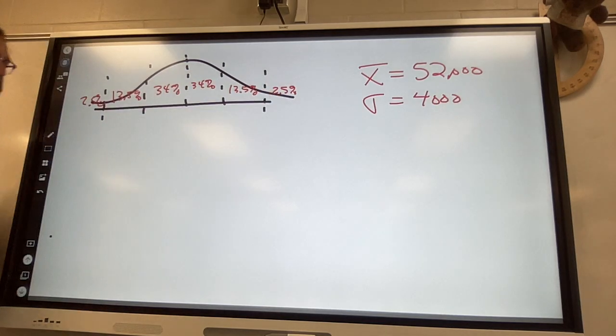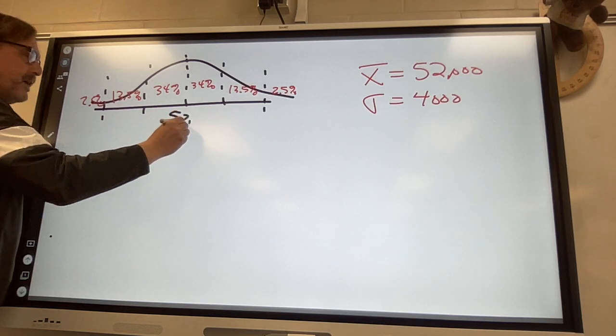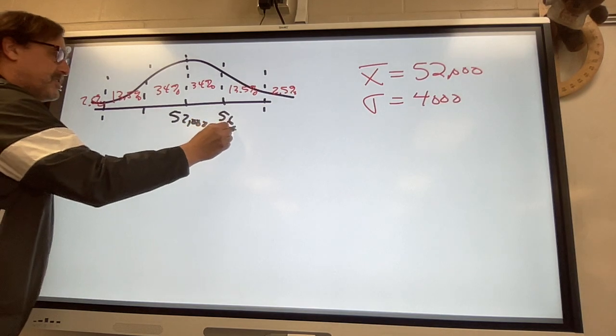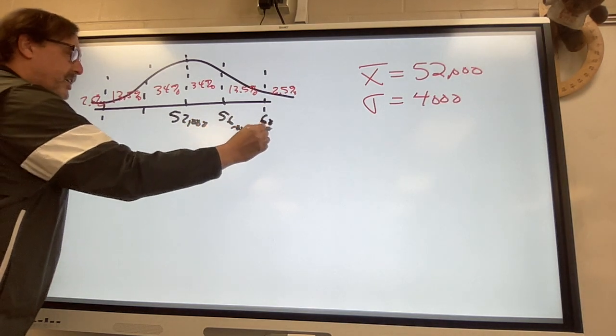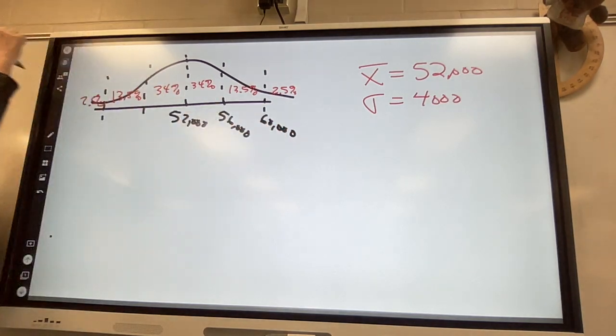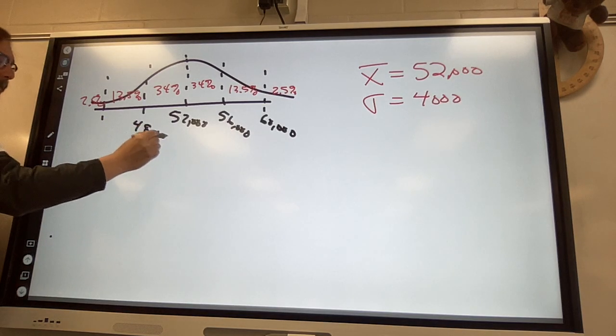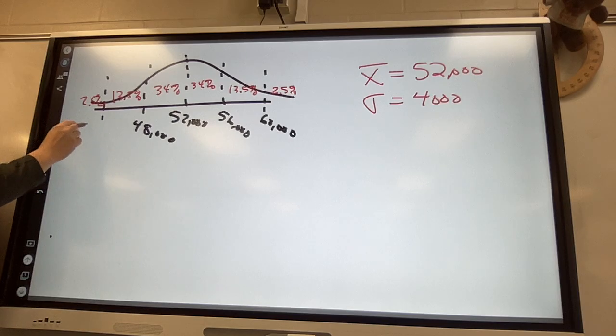What you see right here is the same every time. What is different is this. We put the mean of this problem underneath it, 52,000. Add 4,000, 56 and 60. Add 4,000, take away 4,000. And take away 4,000.